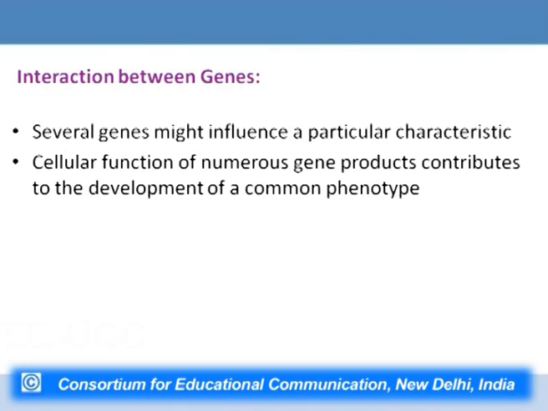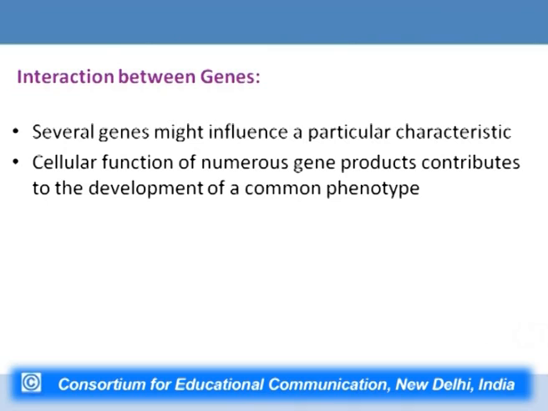However, many cases have been studied wherein there is interaction between genes, so that a normal Mendelian phenotypic ratio in F2 progeny is not seen. This might occur because several genes might influence a particular character. One character might not be expressed by only one gene; it might be influenced by more than one gene, or the cellular function of numerous gene products contributes to the development of a common phenotype.